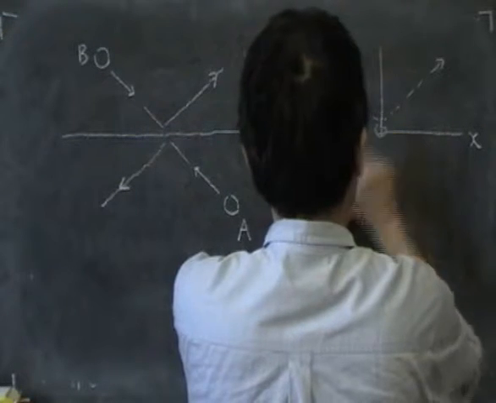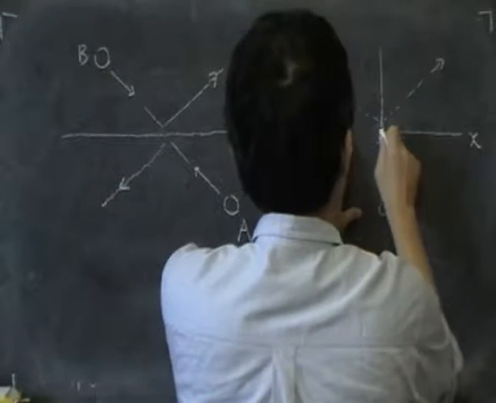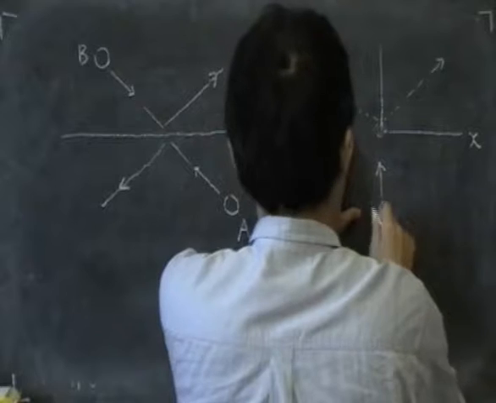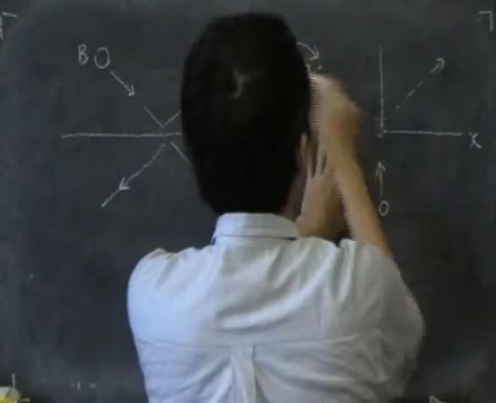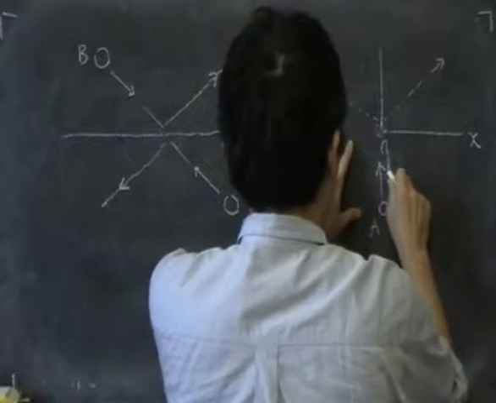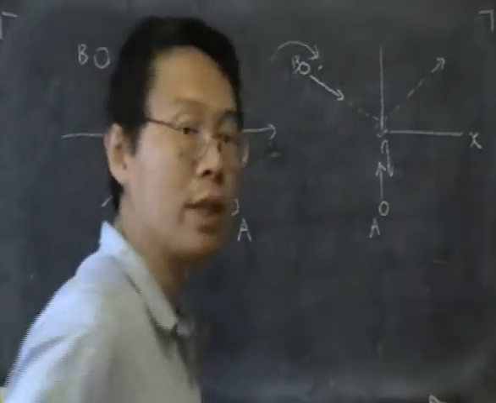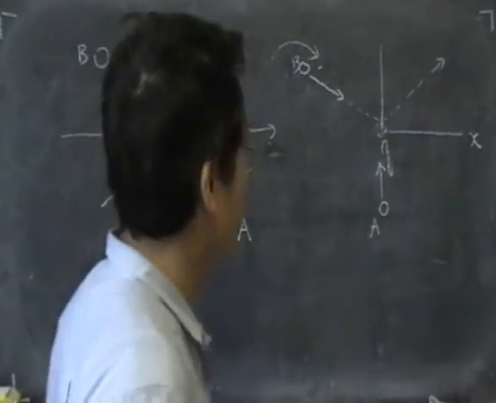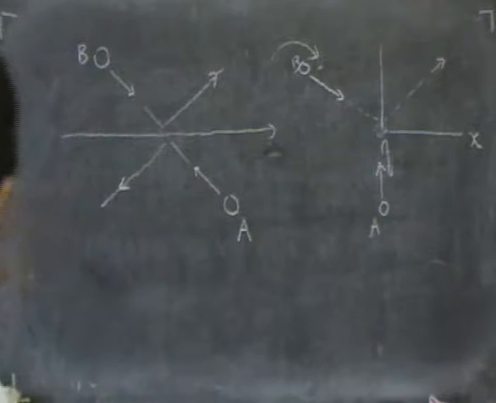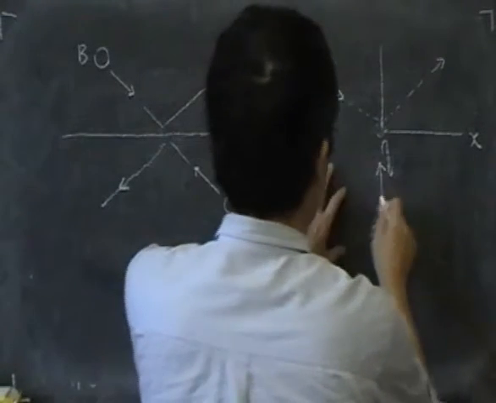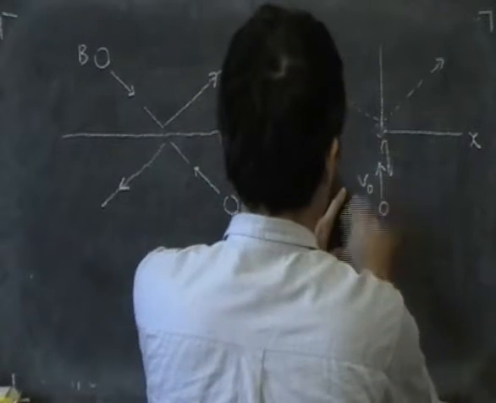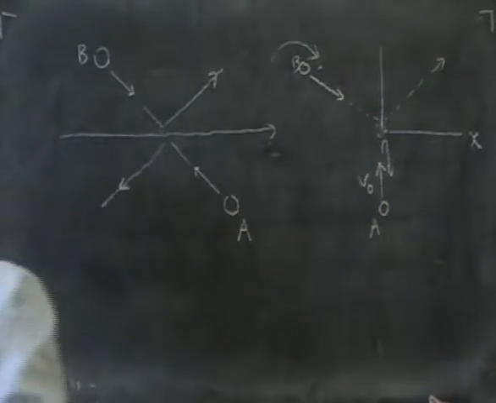B will still bounce off, and A will come back vertically downwards after colliding. Now let this upward velocity be v naught.